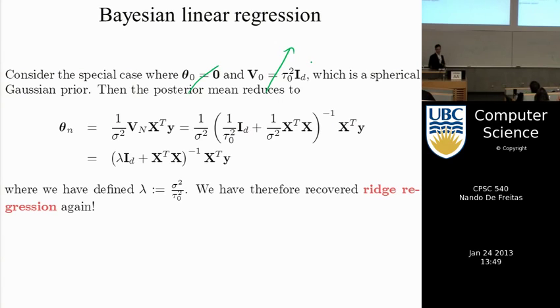And if you choose lambda to go to 0, that is, if you make the prior distribution flat, if you basically say I really don't know what this theta should be, you get maximum likelihood, which is when you don't have subjective opinions.